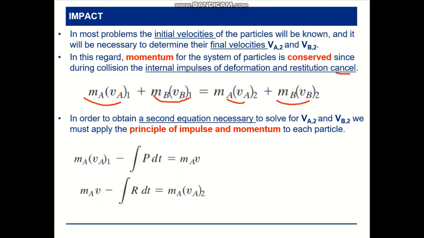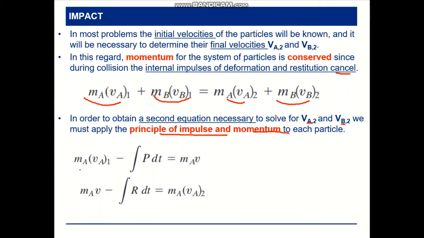Then, in order to obtain a second equation necessary to solve for the final velocities of particles A and B, we must apply the principle of impulse and momentum to each particle.